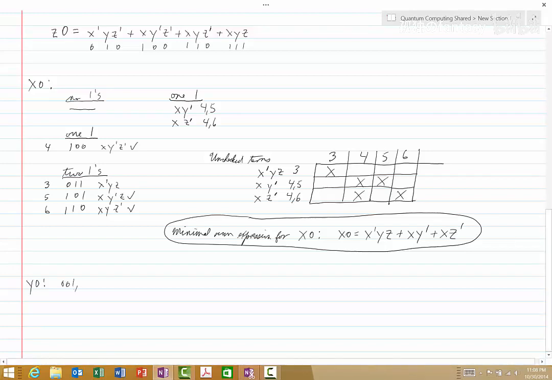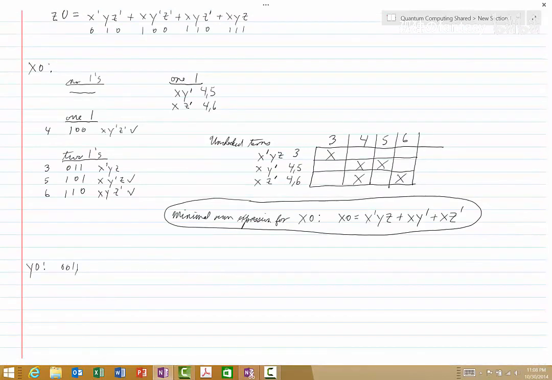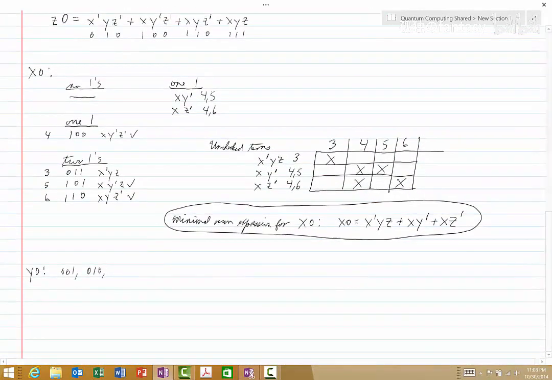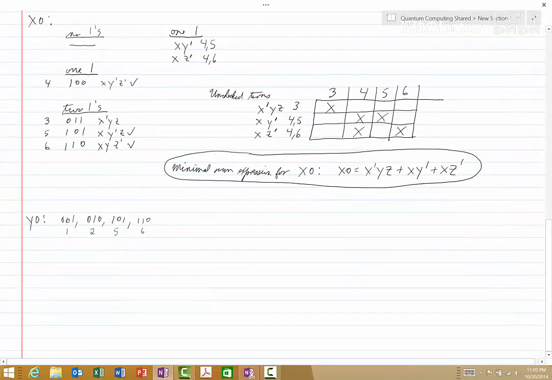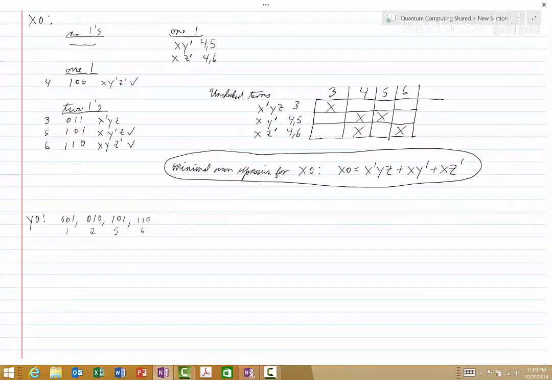So 001, 010, 101, and 110, which in decimal form will be 1, 2, 5, and 6. So now if we group these, there's no terms with no ones, so I won't even put that category this time.